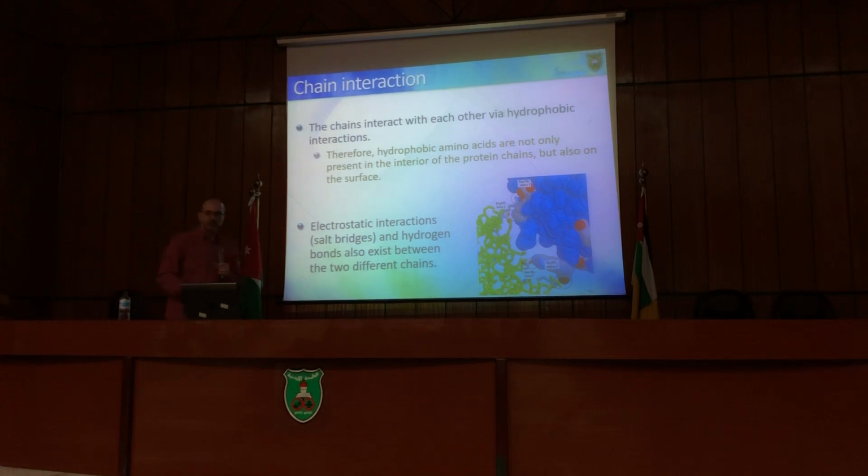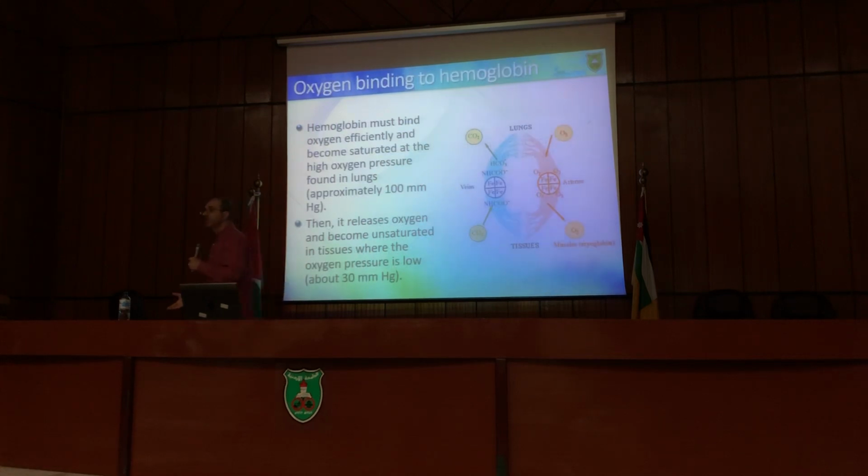So, would you expect hemoglobin to have high affinity for oxygen or low affinity for oxygen? If it has high affinity for oxygen, it would go to the lung and be saturated with oxygen, but then when it goes to tissues, it does not release this oxygen.